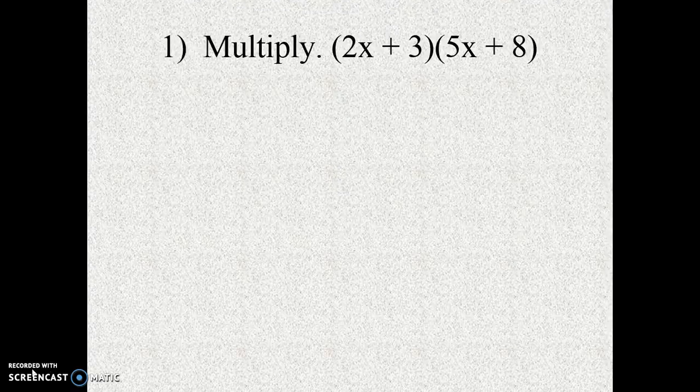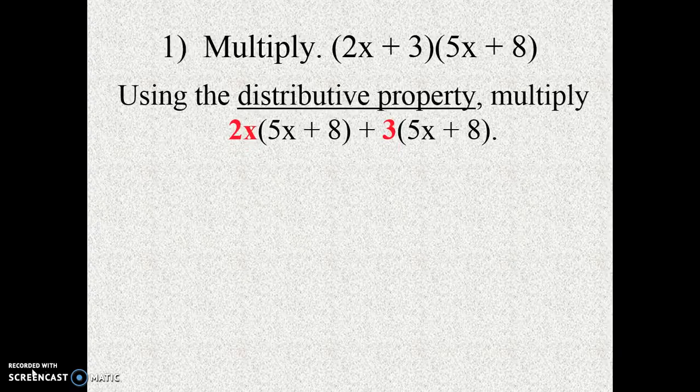Here is an example of how to multiply 2x plus 3 times 5x plus 8 using distributive property. Multiply the first term 2x with 5x plus 8 and multiply 5x plus 8 with the second term, which is 3.